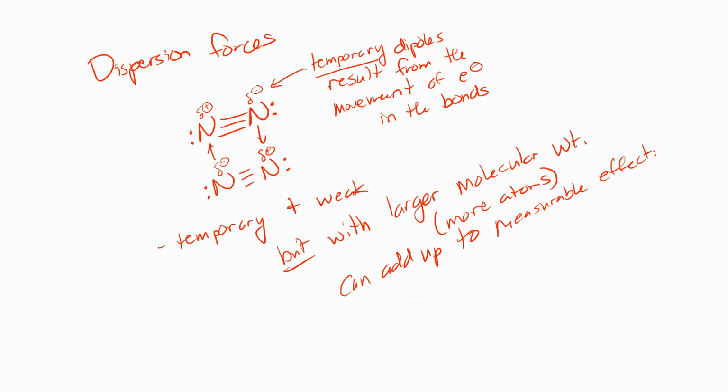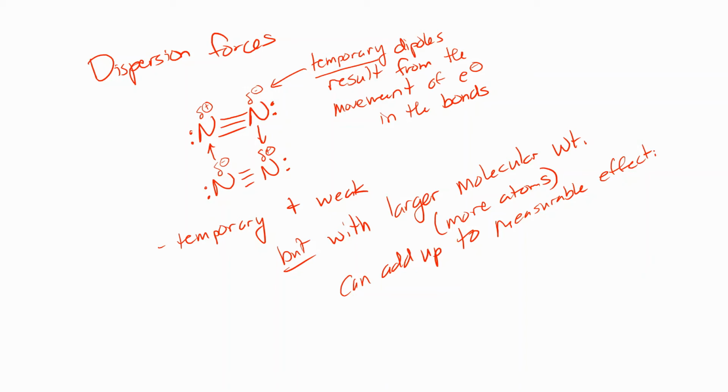There's no dipoles in methane. See, carbon and hydrogen have pretty similar electronegativities, right? And so methane has no permanent dipoles, and so it only has dispersion forces, and so it's very, very weak forces. Methane is a gas, right? Those molecules don't interact with each other, they just bounce off each other and keep going.